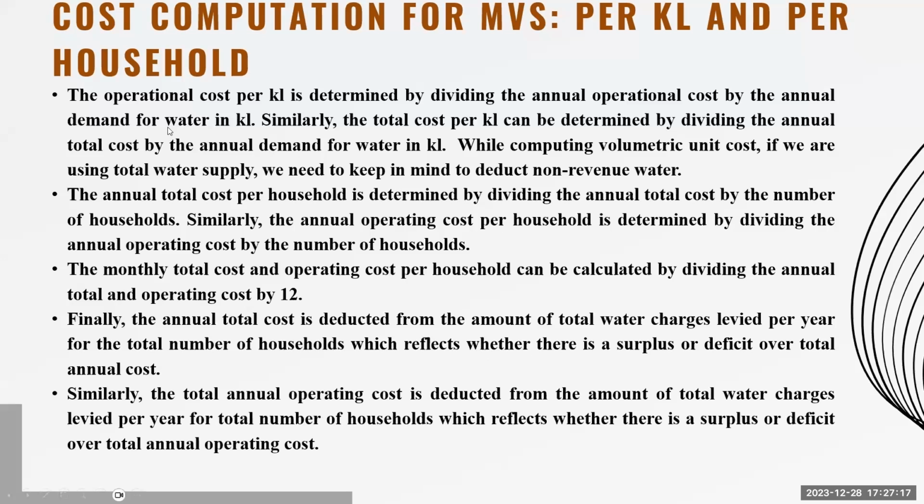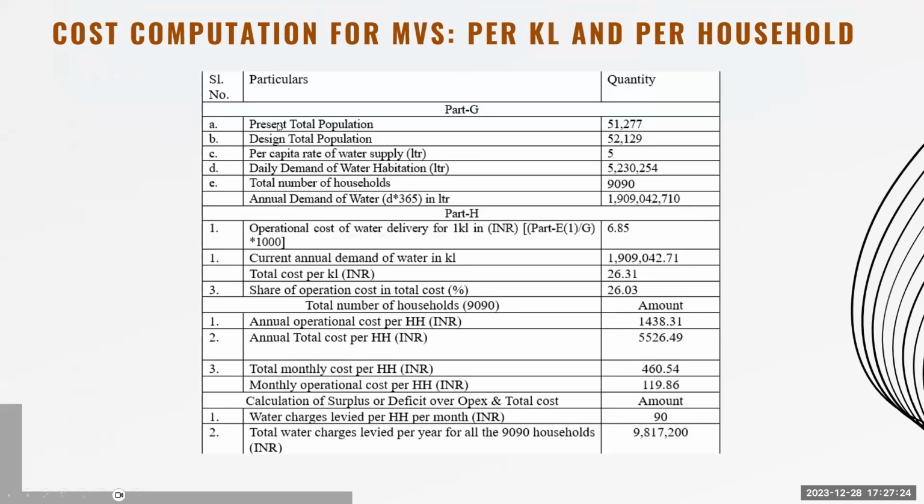So the operational cost per kiloliter is, so this is what the total population, present population is 51,277, and designed population is 52,129. That is after 25, 30 years and so on.